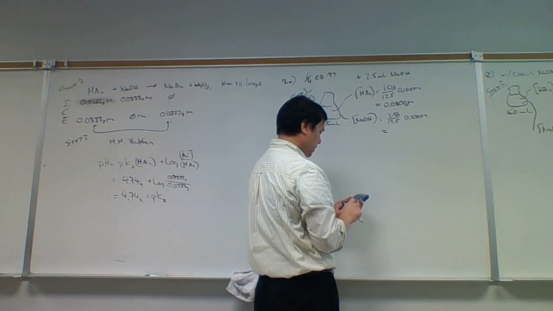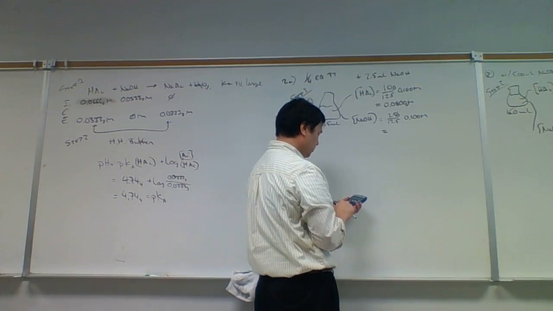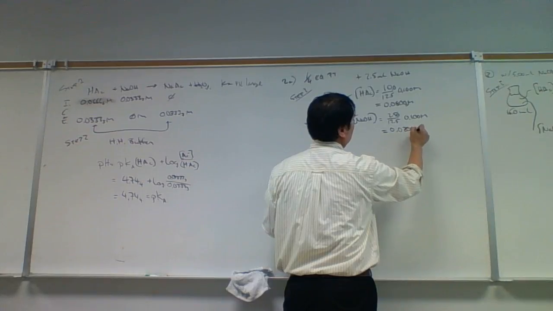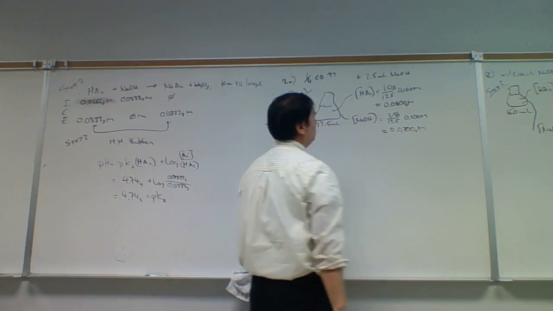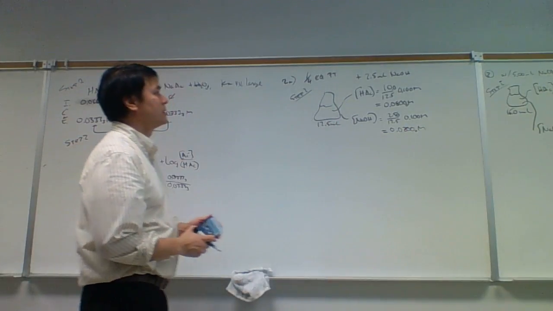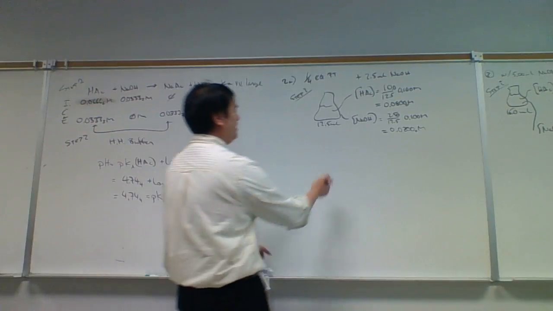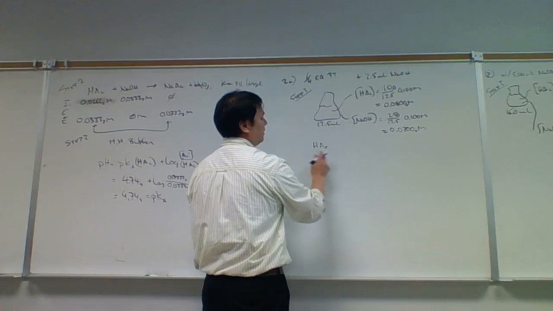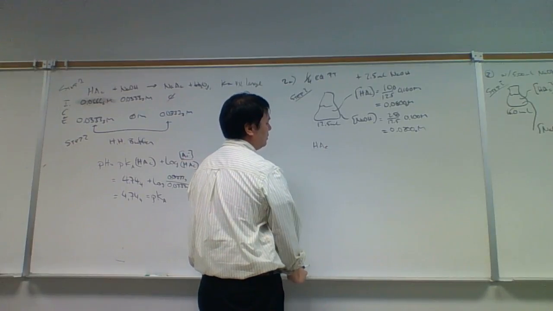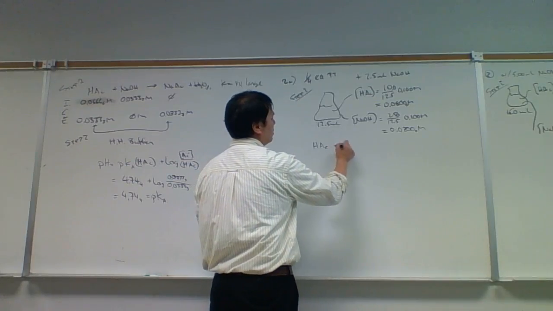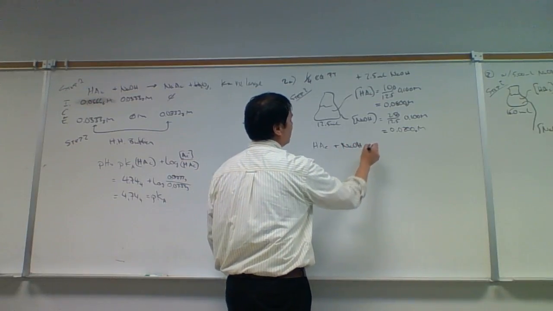And so we'll do that, and then 0.25 divided by 12.5, 0.0200. All right, what's the next step here? The next step is we take our strongest acid plus our strongest base, and then react them.